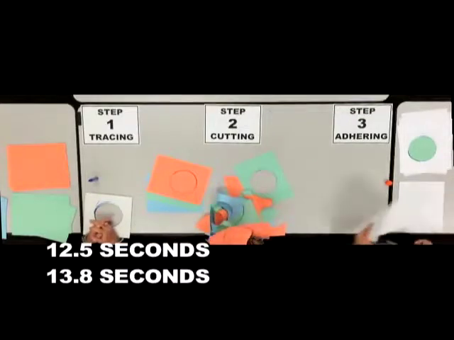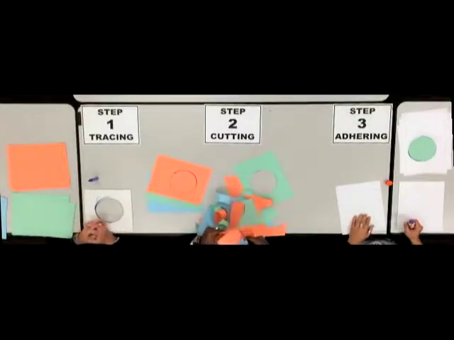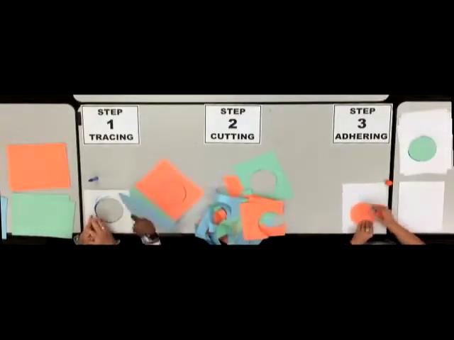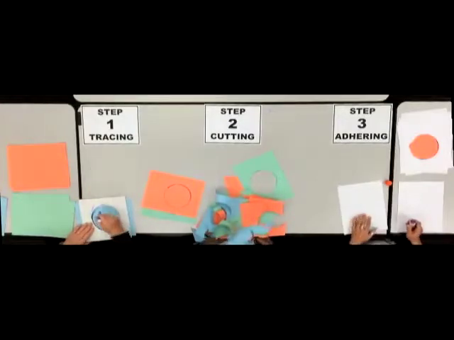Output. When we measure the cycle time, we get roughly 13 seconds. Do these times meet our takt time? Yes, they do. If we continue to run at this pace, we will meet our customers' demands.